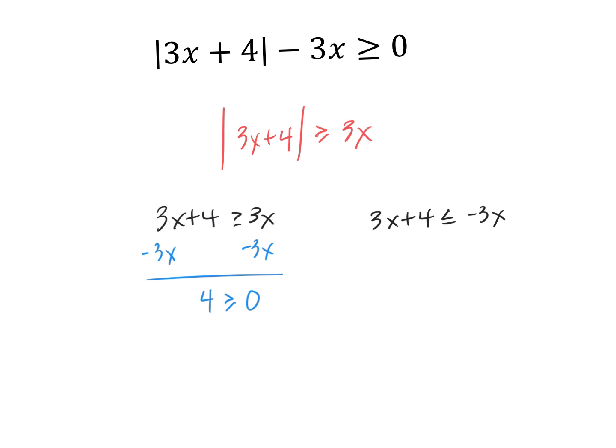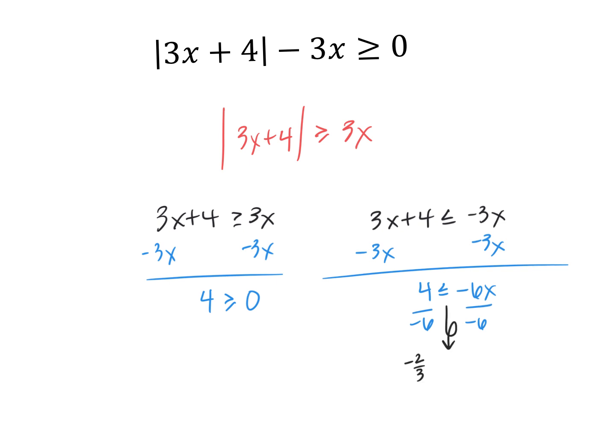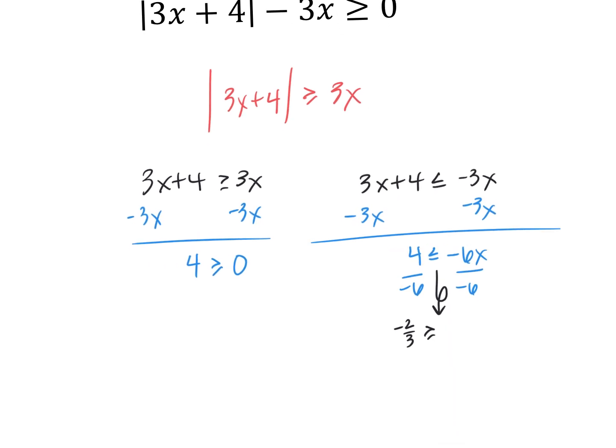What about when I subtract 3x over here? 4 is less than or equal to negative 6x? Ooh, what happens when I divide by a negative? Yeah, that symbol has to flip again. Lots of flipping symbols. 4 over negative 6 would simplify to negative 2/3.